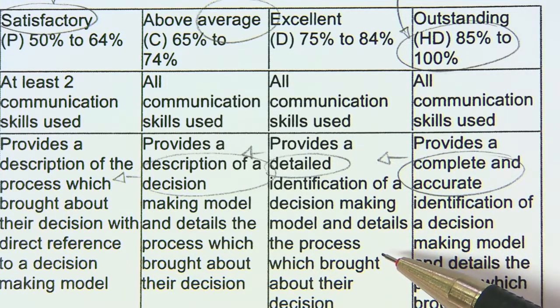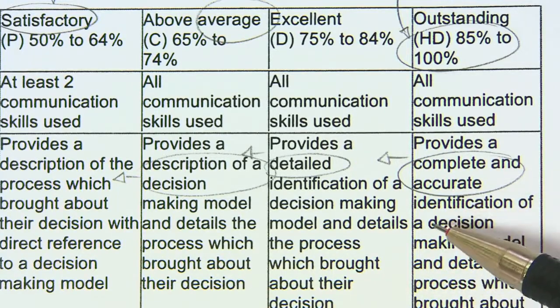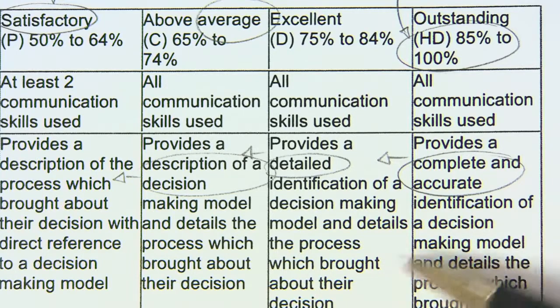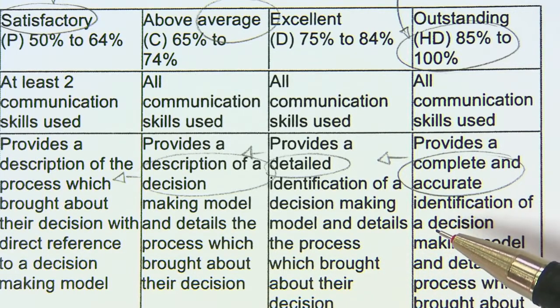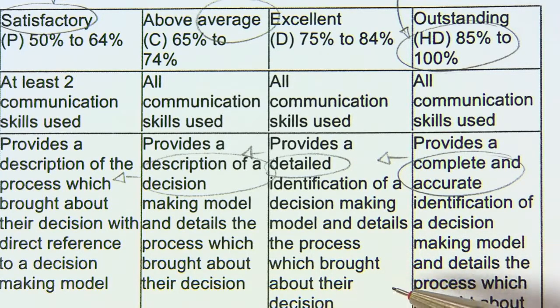Now, a student can then ascertain from that what they need to do next time, perhaps, that is if they can understand the difference between detailed and complete and accurate. But many students won't. But if you want students to understand this as feedback, that can be quite complicated for the student to understand.